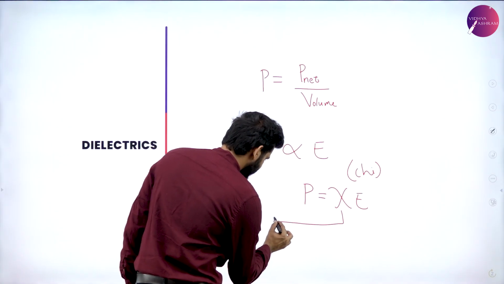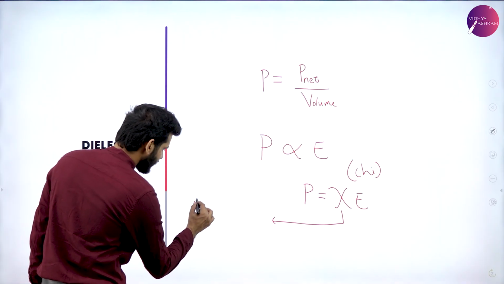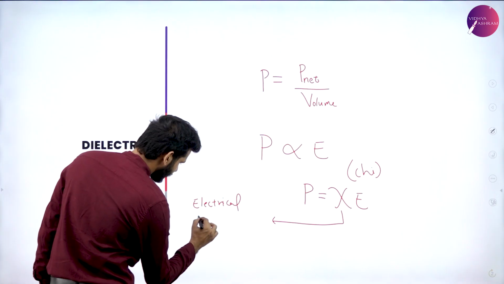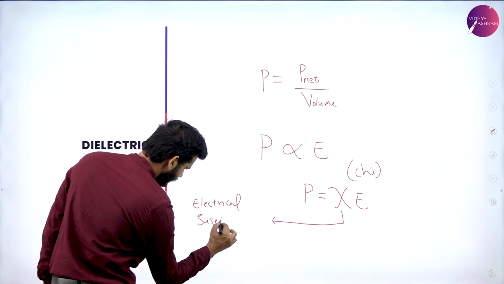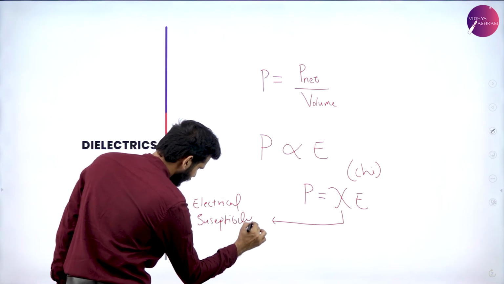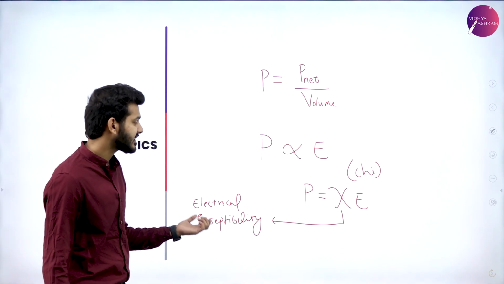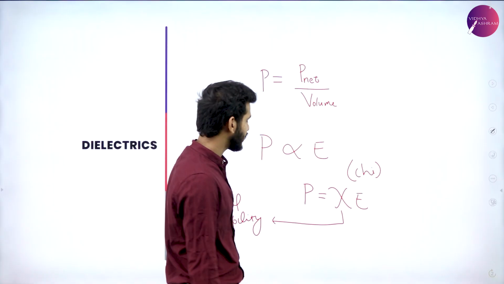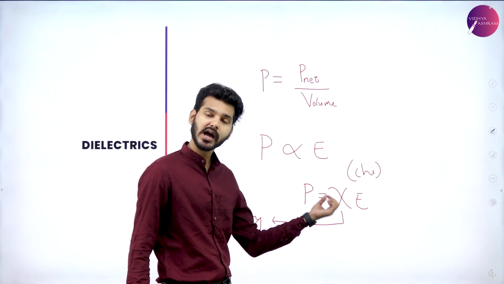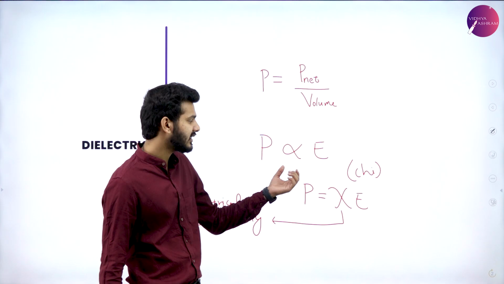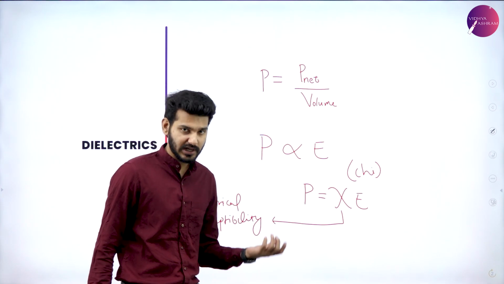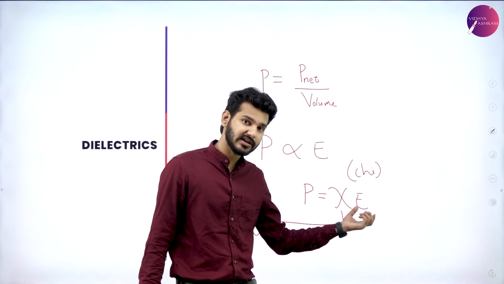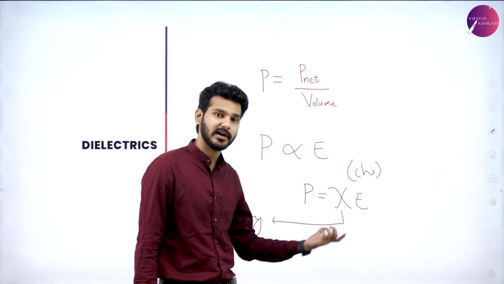This term is known as electrical susceptibility, and that is indicated by the letter chi. So we can write it as P is equal to chi E. This is just an equation depicting how to calculate polarization, or just saying that polarization and electric field are related in this mathematical sense.